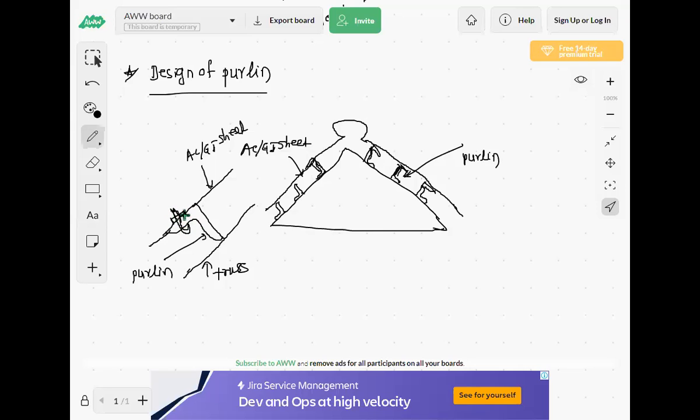Here we are providing hook to this angle and sheet.